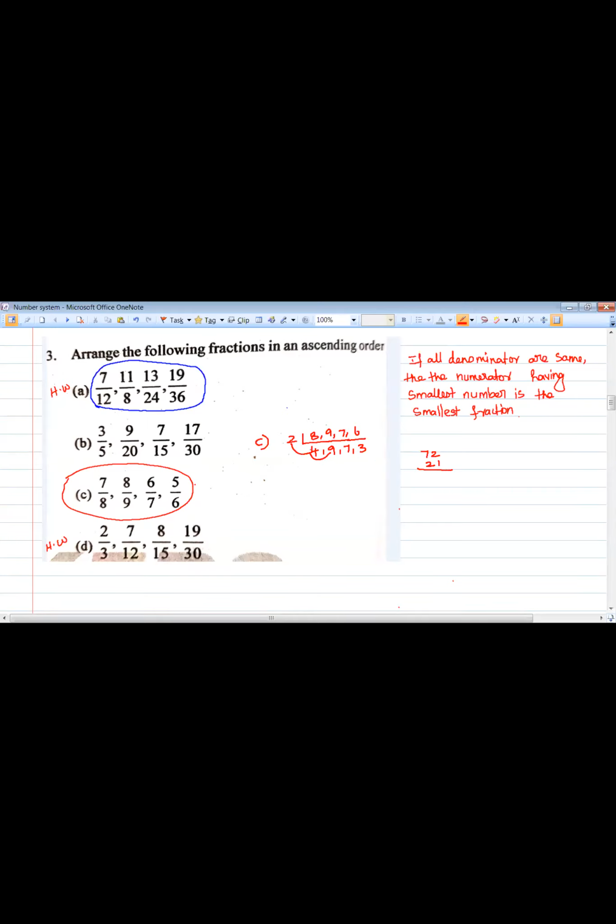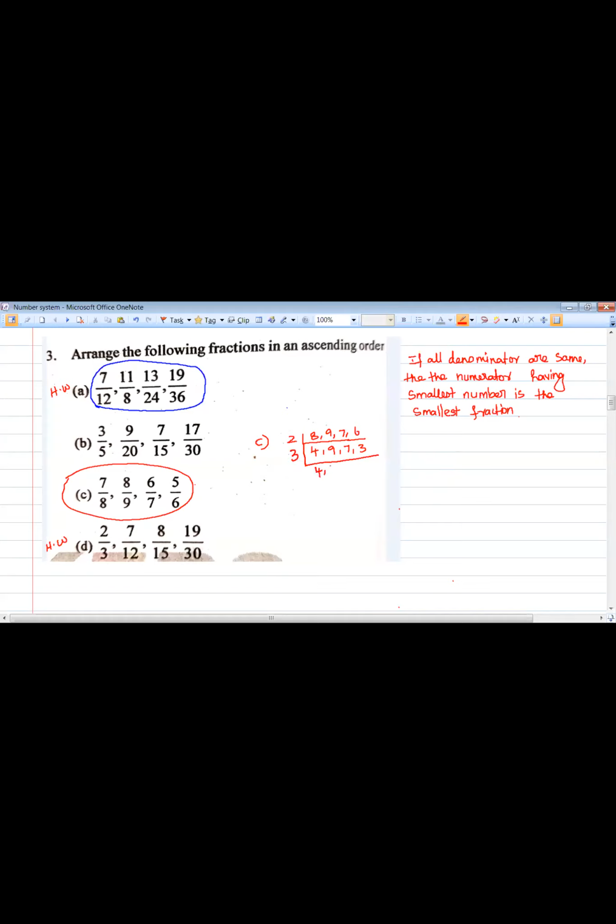Sorry, once again, we can divide by 3 here.